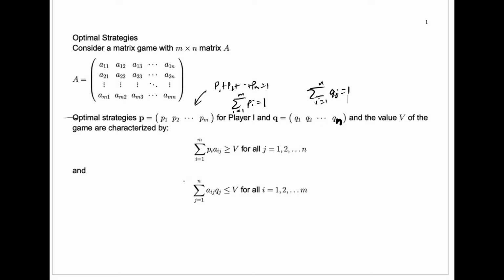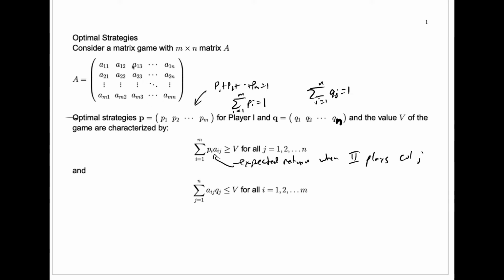How do we interpret this? This is the expected return if player 2 is playing column j. We can just go to the jth column here.